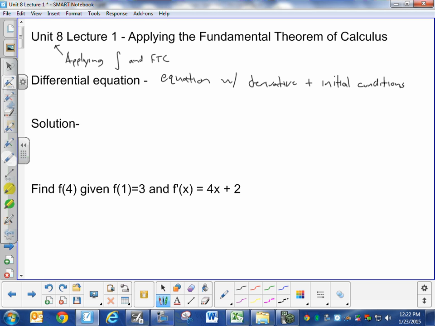And then when I asked you to solve a differential equation, what were you asked to do? Find the base f of x. Exactly. Find the function whose derivative is given and that also satisfies those initial conditions. So like find where you start with.